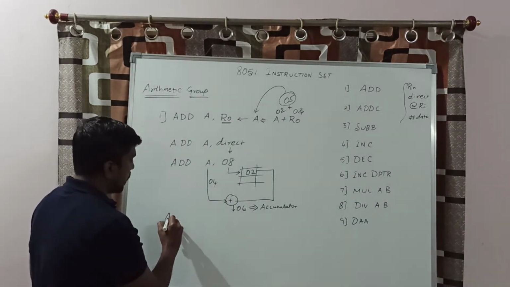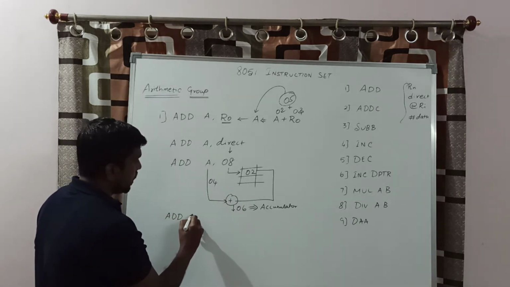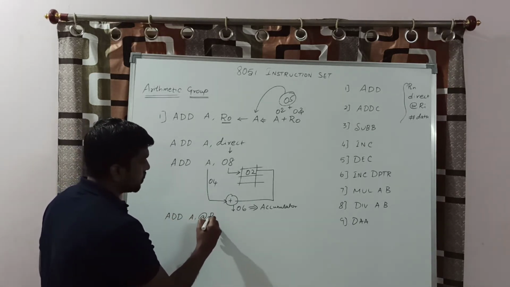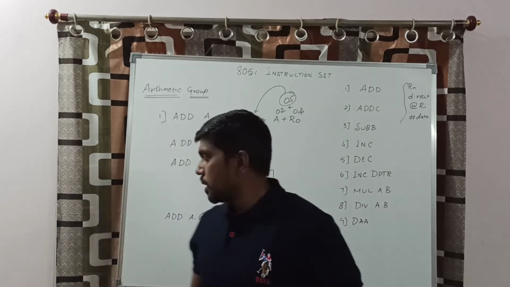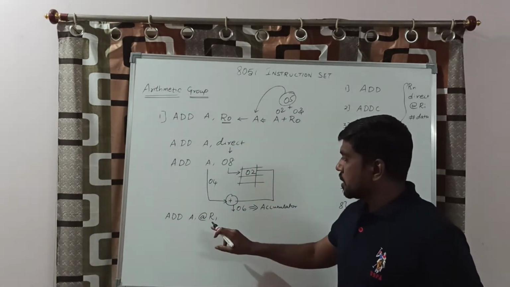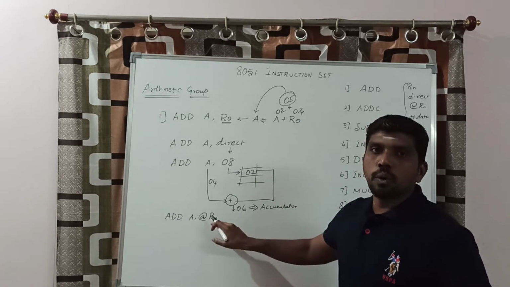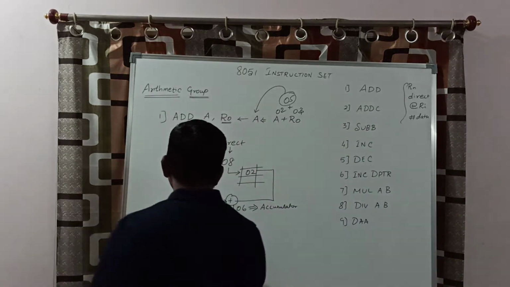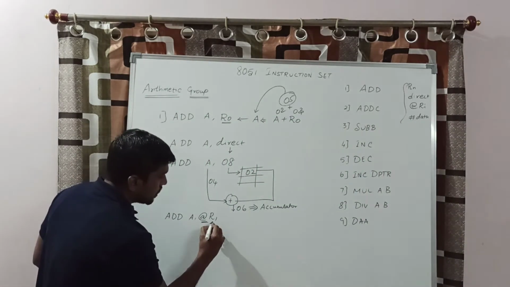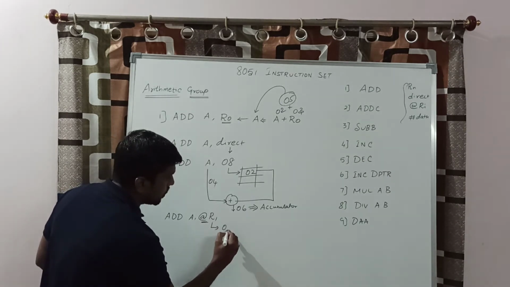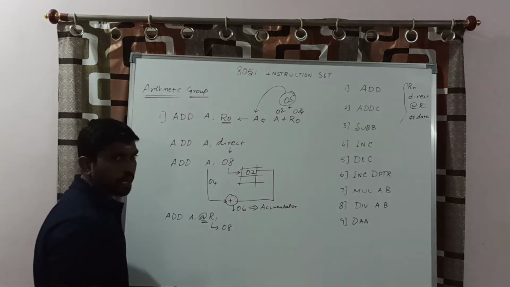The third one is ADD A, @R1. Here R1 is a register. This register holds the memory location, because we are using the @ symbol. This R1 holds one 8-bit value, 08.